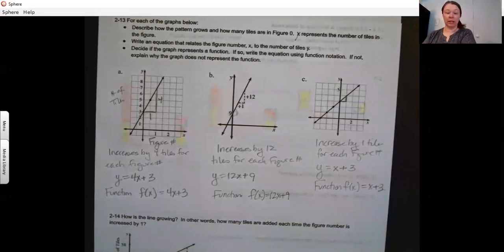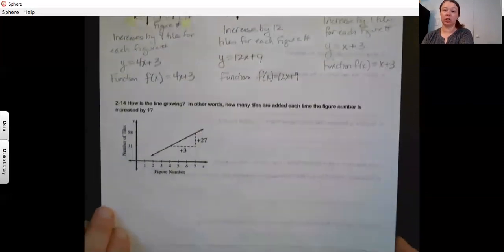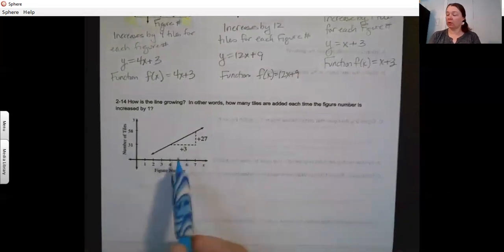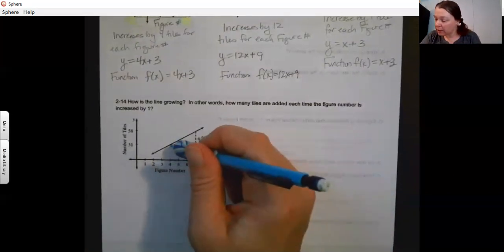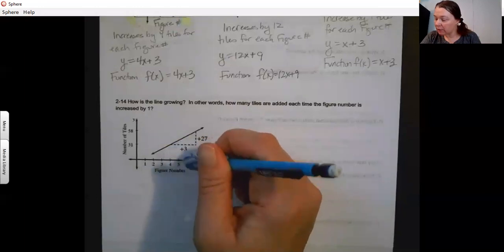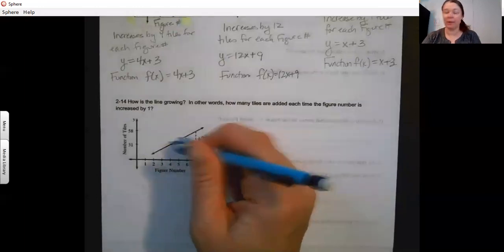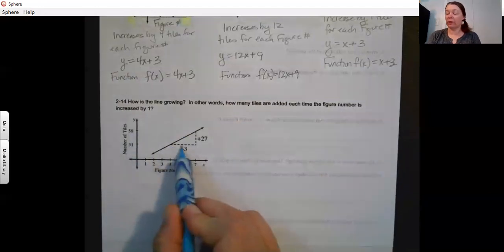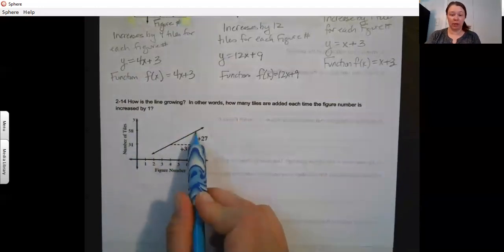All right, so let's look at this next one. How is this line growing? In other words, how many tiles are added each time the figure number is increased by 1? Well, looking at this one, they don't tell me how much, and it's not lined up. Maybe I could see from 4 to 5 how much it is going up by, but I can't tell very well with this scale. But they tell me for every 3 figure numbers, it increases by 27.